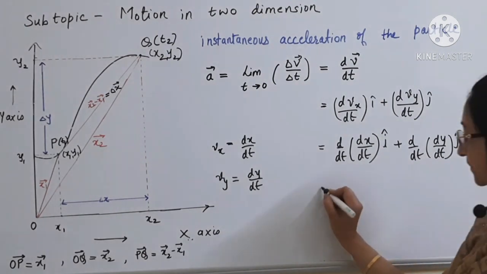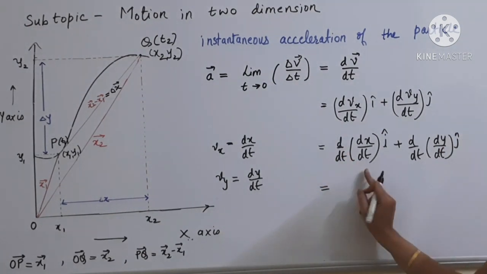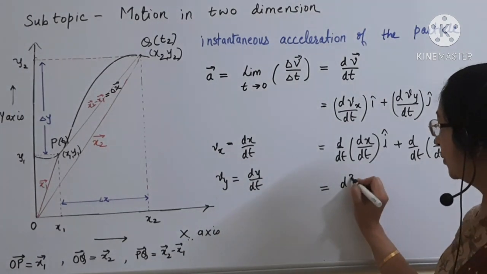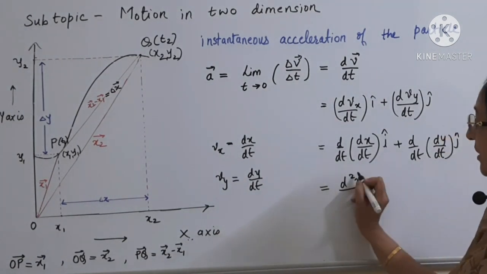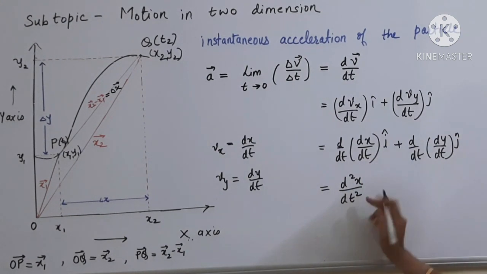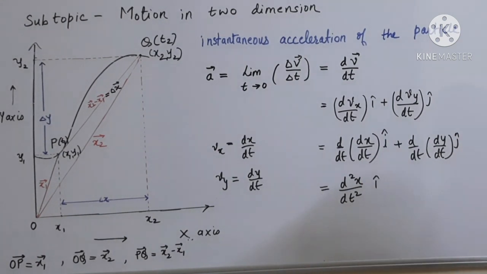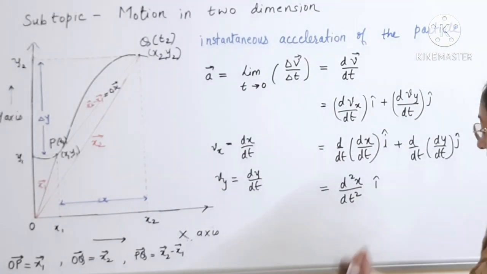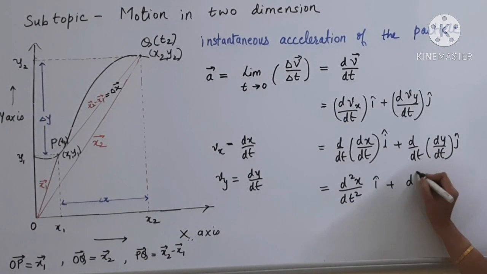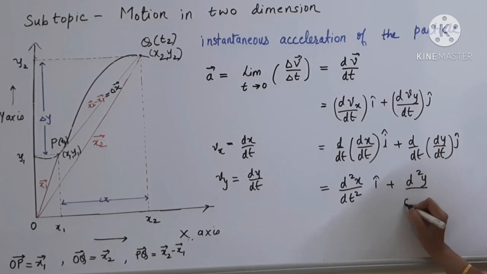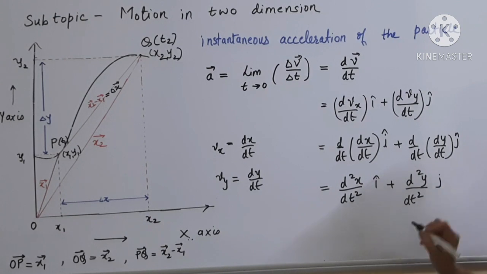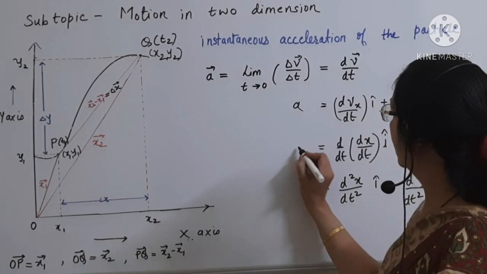Now यालाच आपण अजून एका मॅथमॅटिकल फॉर्म मध्ये कसं लिहू शकतो? d2x किंवा d square upon dt square या पद्धतीने याला लिहायला लागतं with the help of mathematics, into i plus याला कसं लिहू शकतो आपण? d2y upon dt square इथे into j. This is the acceleration.